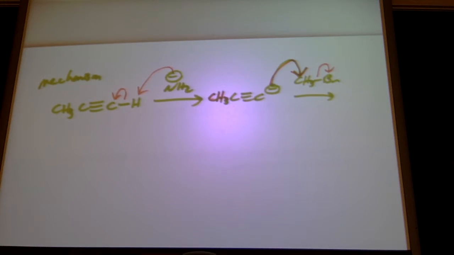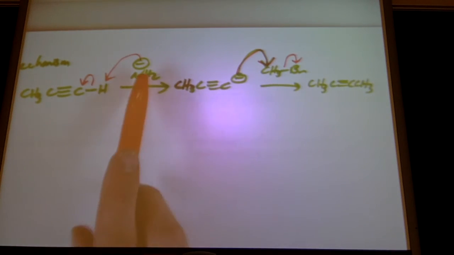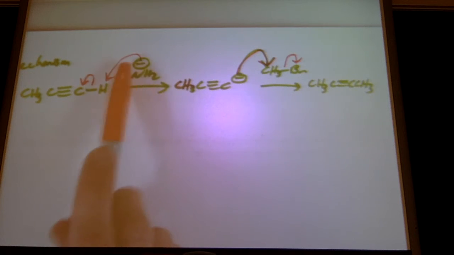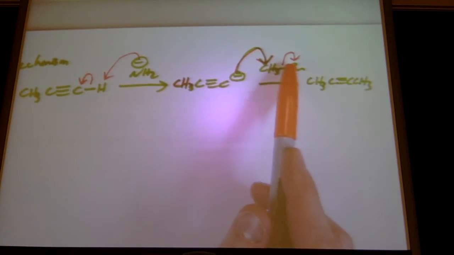And I add the alkyl group on the end. So you kind of see where the NH3 comes from as a byproduct. Here the NH3 is forming. Here I'm kicking off Br minus, and I have sodium ions floating around in solution, so that's where the NaBr comes from.